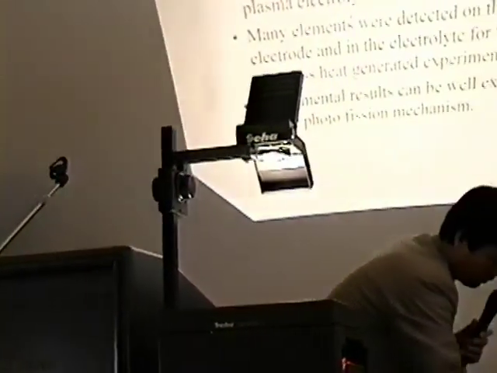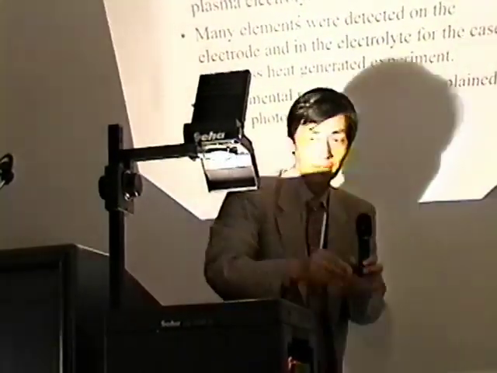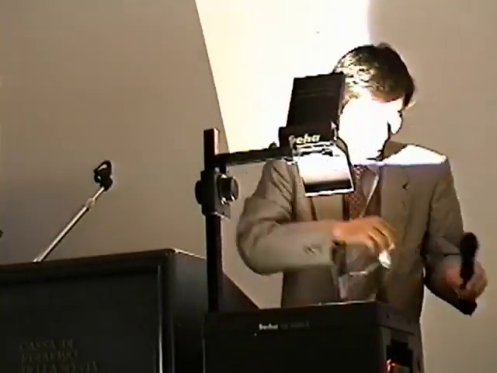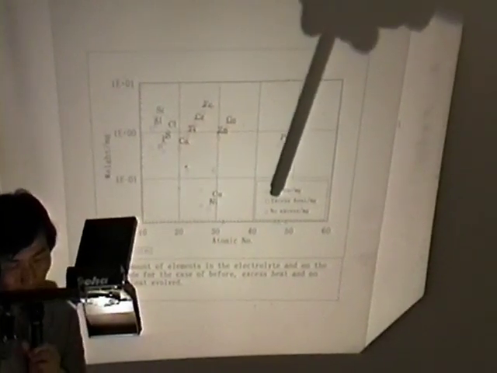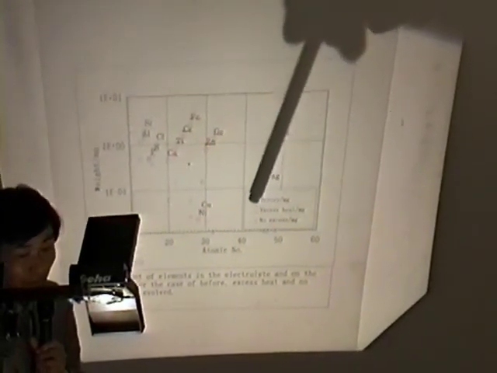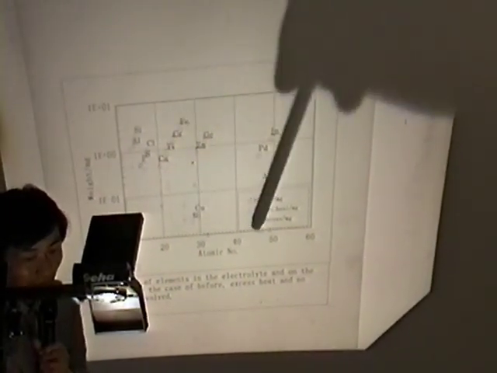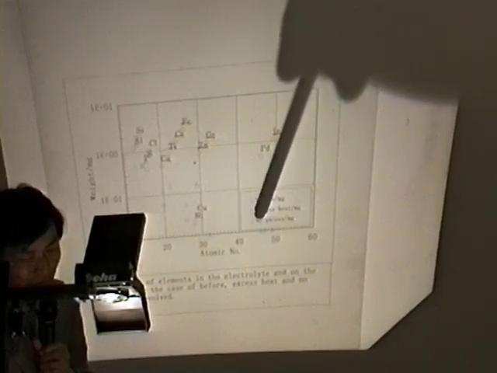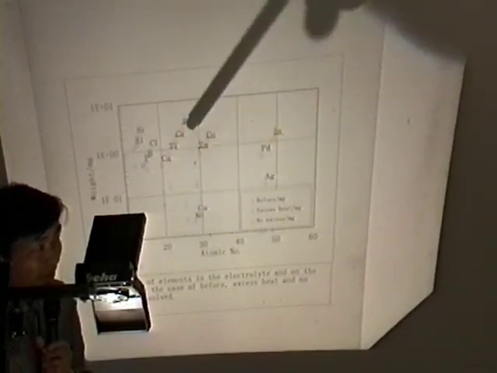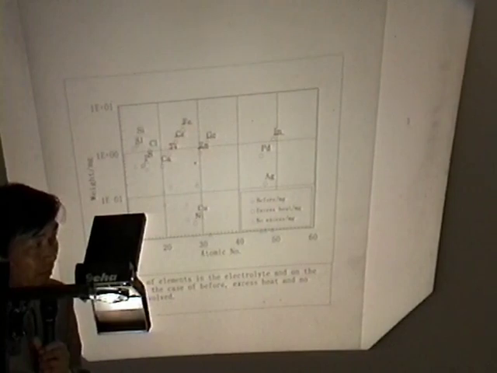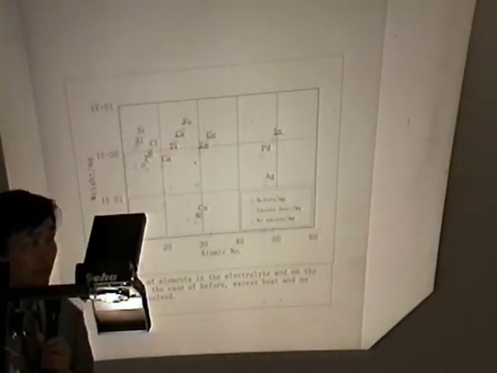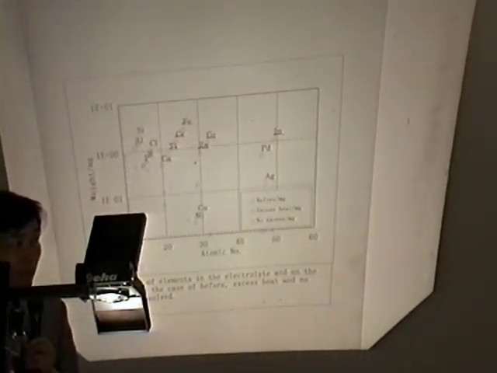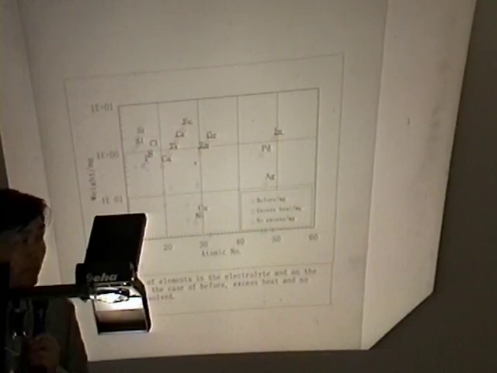Okay, maybe you can see it this way. This is the impurity level before, like that. And if they are excessive, there is a very big difference. I see. There's no iron before at all? No, not at all. Wow.